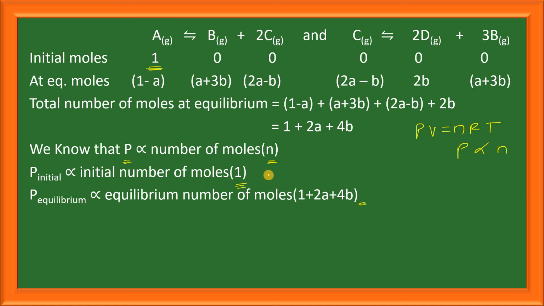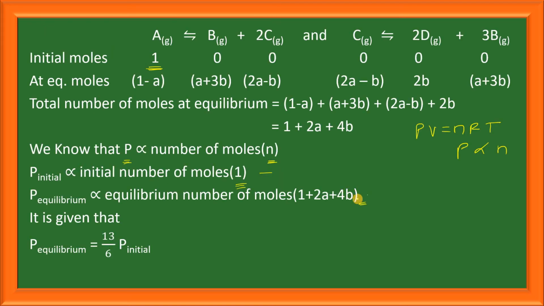So in a question it is given that equilibrium pressure is 13/6 into initial pressure. Correct? So हम लोग क्या करेंगे? इसको ये साइड लेके आएंगे. So we will get pressure at equilibrium upon pressure at initial will be equal to 13/6.